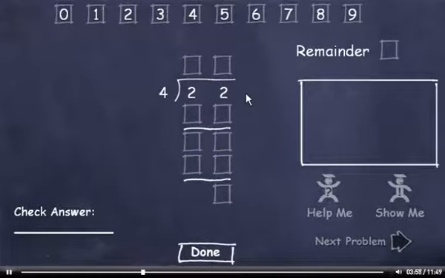22 divided by 4. 4 cannot go into 2, but 4 goes into 22 5 times. 5 times 4 is 20.